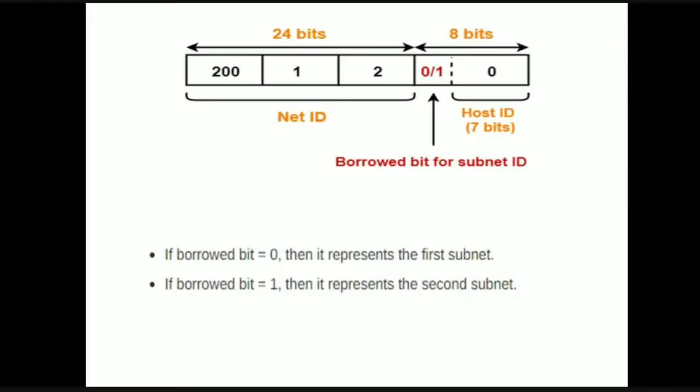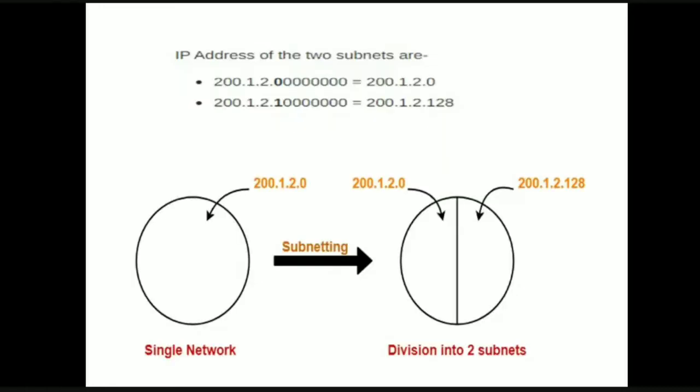Now, if the borrowed bit from the host ID part is 0, then it represents the first subnet, and if the borrowed bit is 1, then it represents the second subnet. Now see the IP addresses of the two divided subnets.